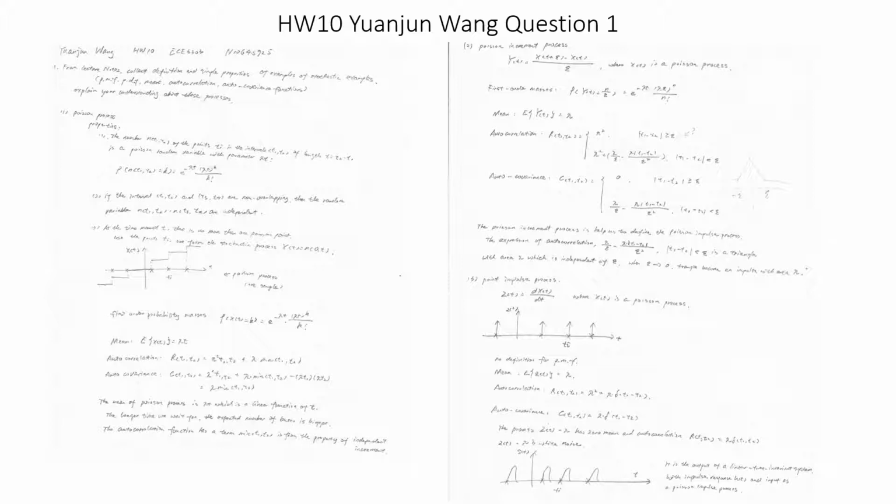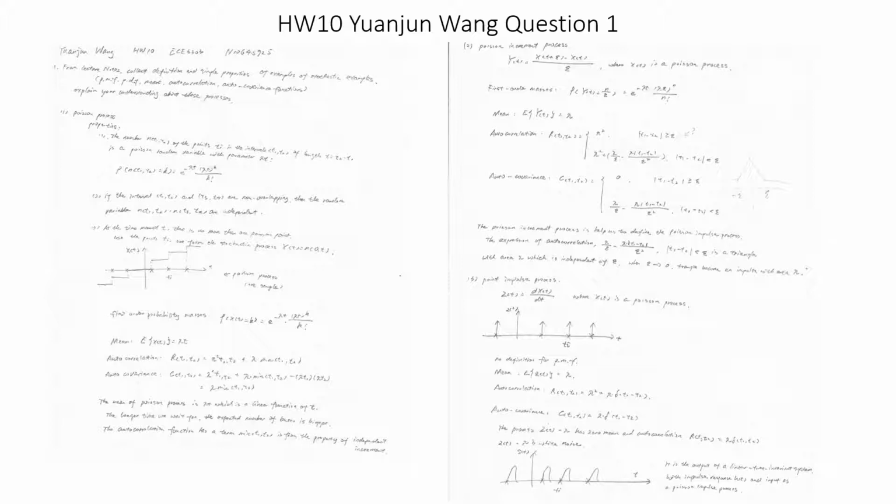When epsilon goes to 0, the triangle will become an impulse with the area of lambda. Third, the Poisson impulse process. So Z of t is going to be equal to the derivative of X of t. As we can see, the mean, or expected value, of that is going to be equal to lambda.